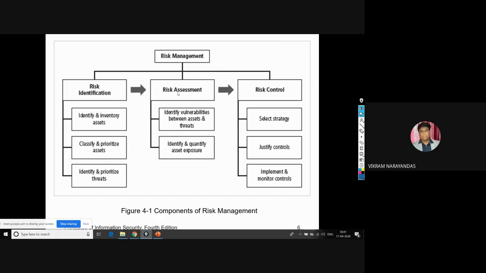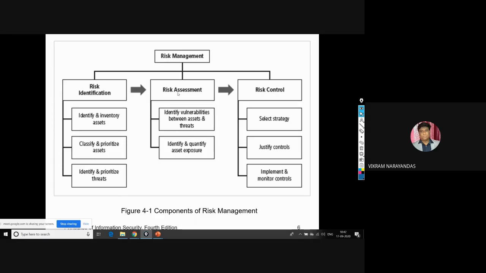Risk assessment is nothing but documentation of the results of risk identification. We must identify those vulnerabilities and begin exploring the controls that might be used to manage the risk.